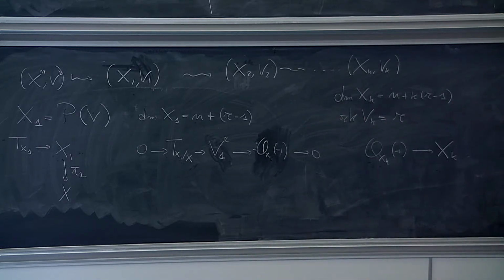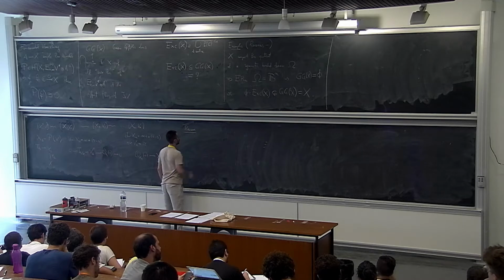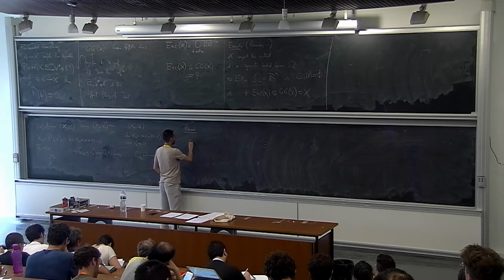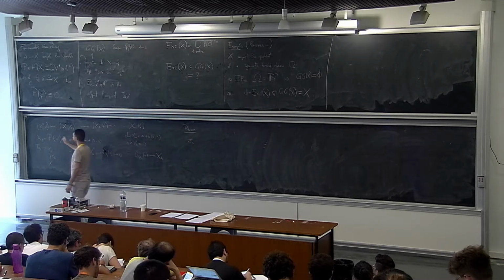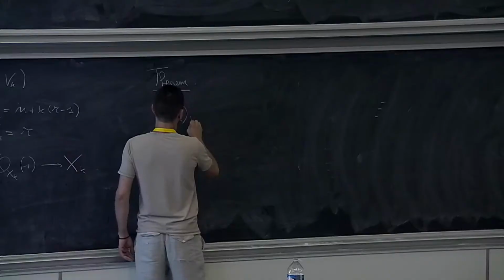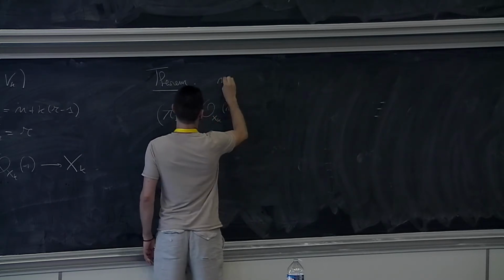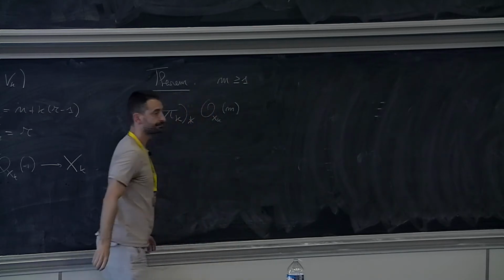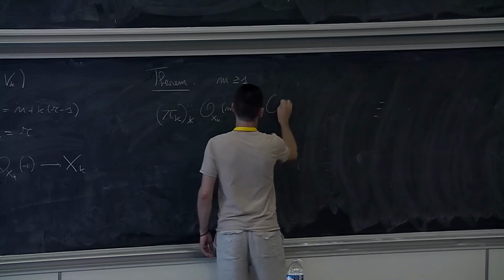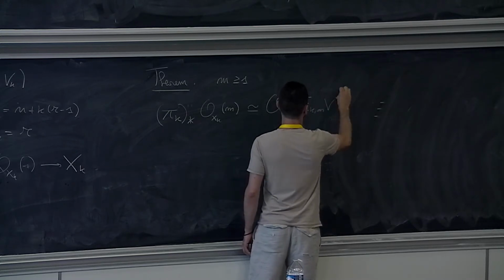Okay? So you have this theorem. You take pi k, which is the projection from Xk to X. And then you take the direct image of the sheaf O_Xk(m), m an integer. So this is a sheaf on X, and this is the sheaf of sections of E_{k,m} V star.